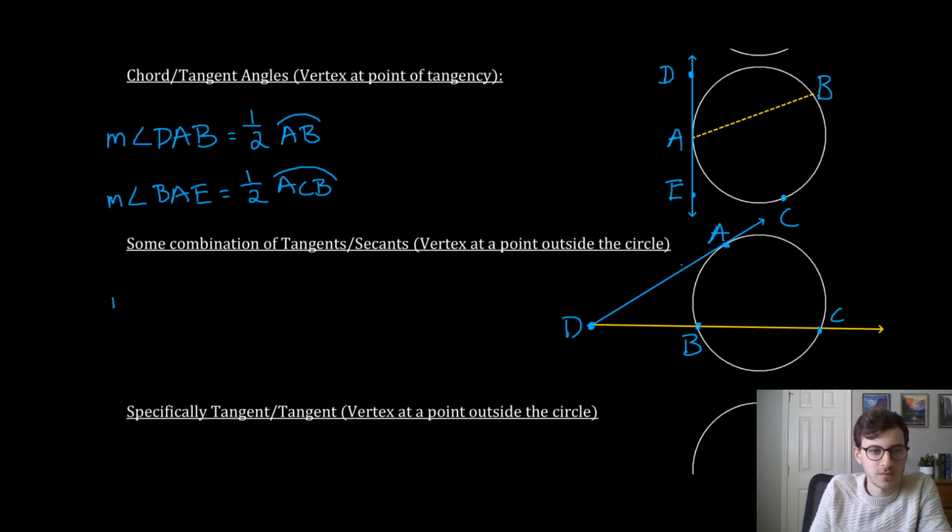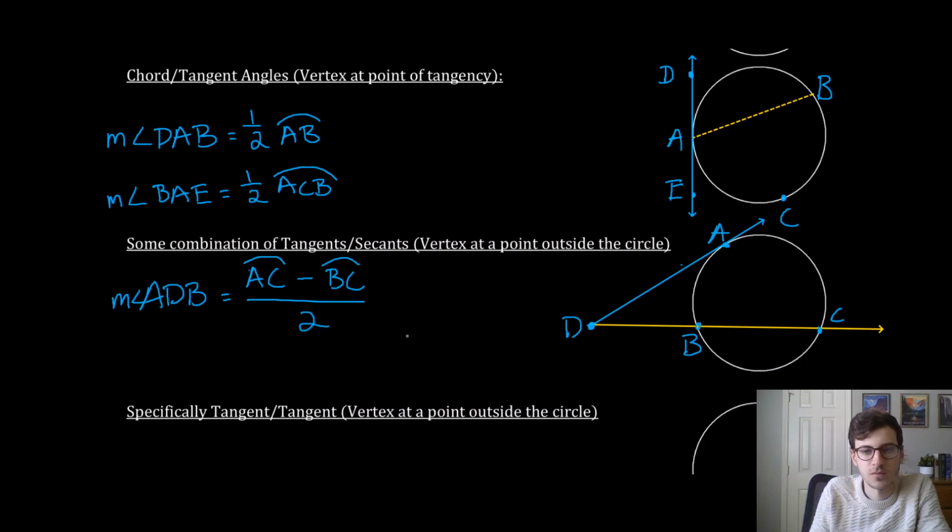The measure of ADB, of that angle, is equal to the measure of arc AC minus arc BC divided by 2. Okay, it's equal to the difference divided by 2.